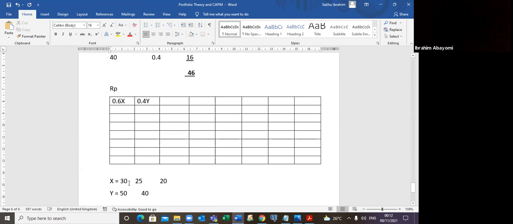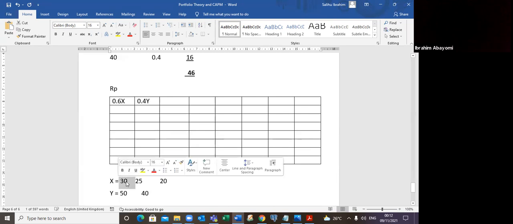We are going to do what we call combination here. When you pick this, you have 30 for X and 50 for Y, or 30 for X and 40 for Y. That's the first thing I'm going to do.